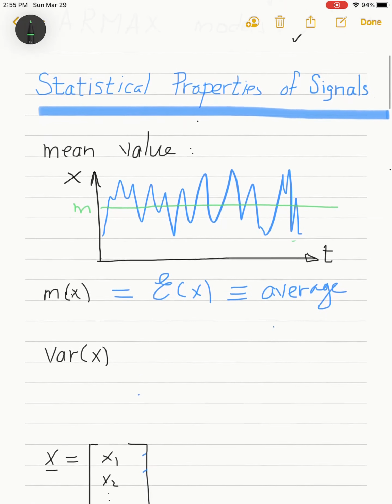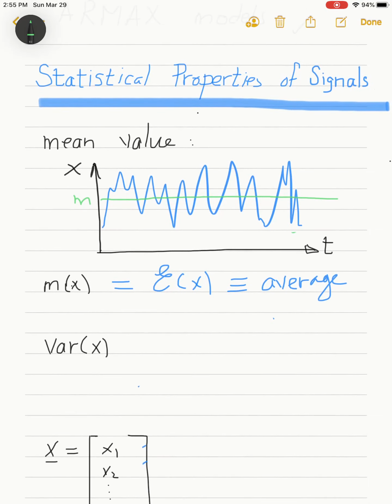Okay. Now, we can also calculate the variance, which is defined as the expected value of the signal minus its mean, all squared. And actually, the physical meaning of the variance is that it gives an indication about the fluctuation of the signal around its mean. So we normally take a band.